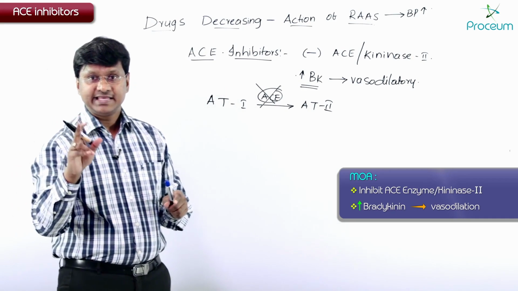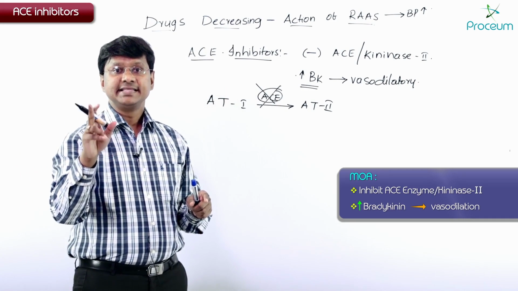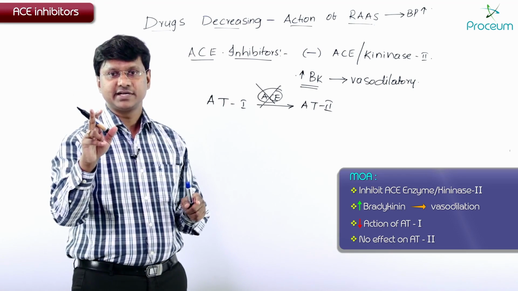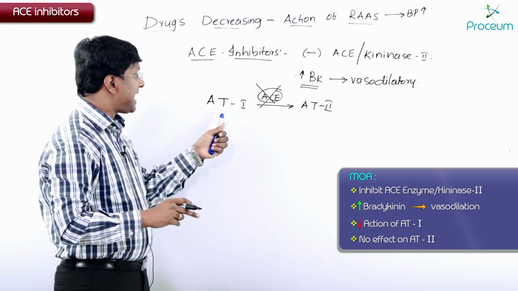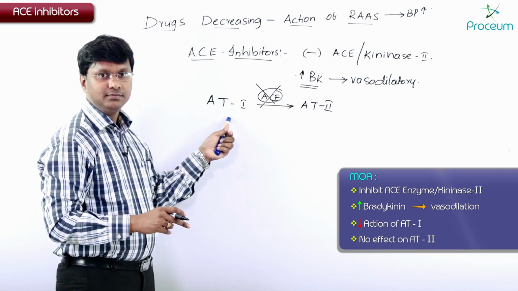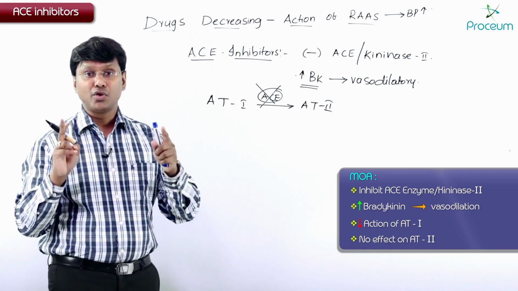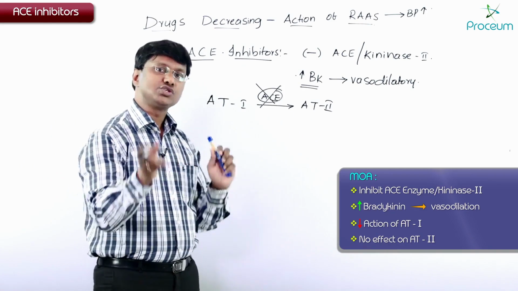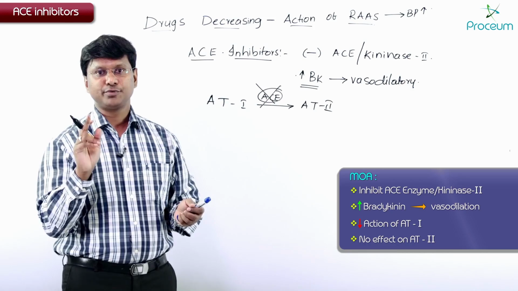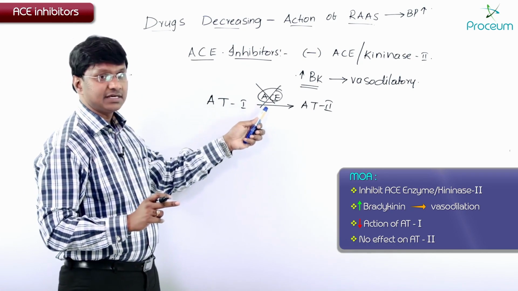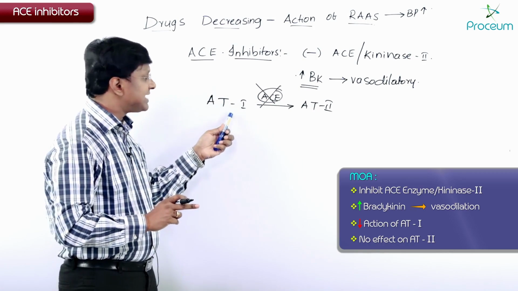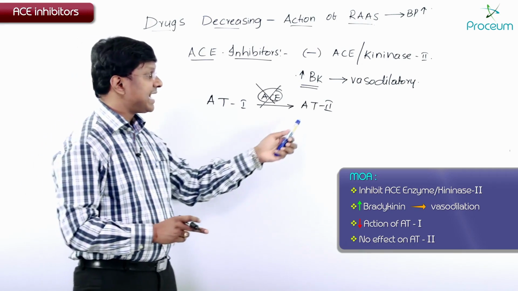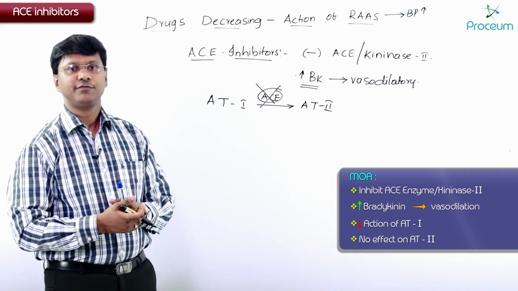Remember this point: these drugs will decrease the action of angiotensin 1, but they will not decrease the action of angiotensin 2 which is already formed. This is an important point you need to remember.